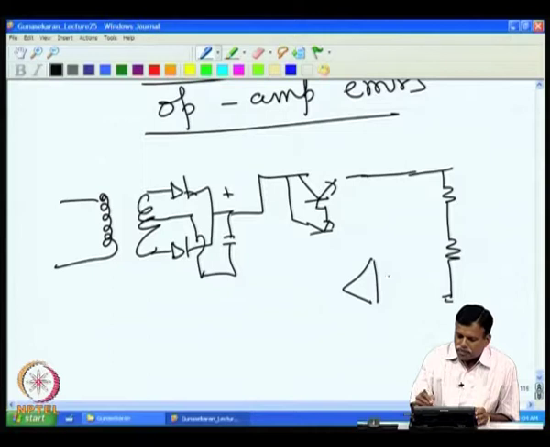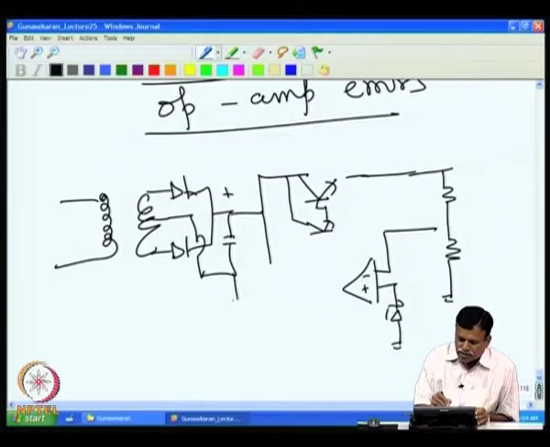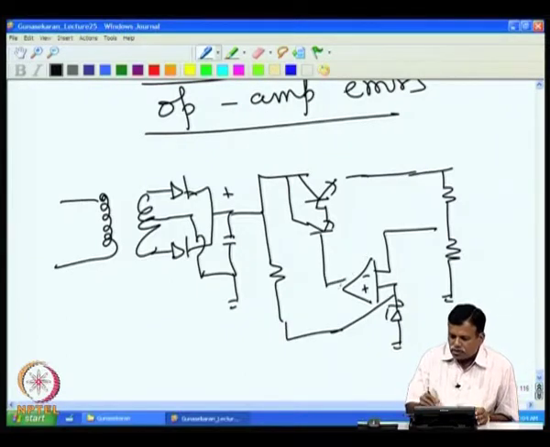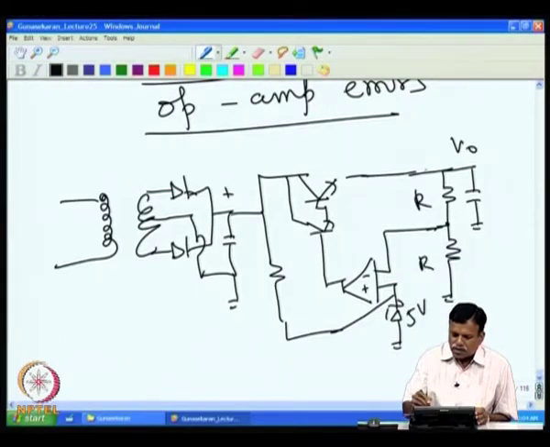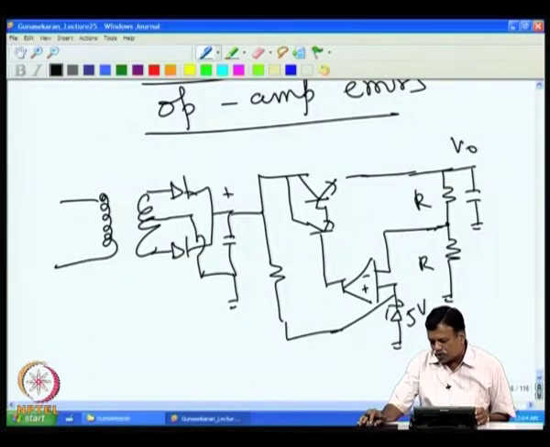so we had this operational amplifier, then the error amplifier gets a reference voltage through the reference zener. So, we connect this, then this. So, this is a voltage regulator and this is the output voltage. So, if these resistances are equal and if this is 5 volt, then the regulator output voltage is 10 volt.